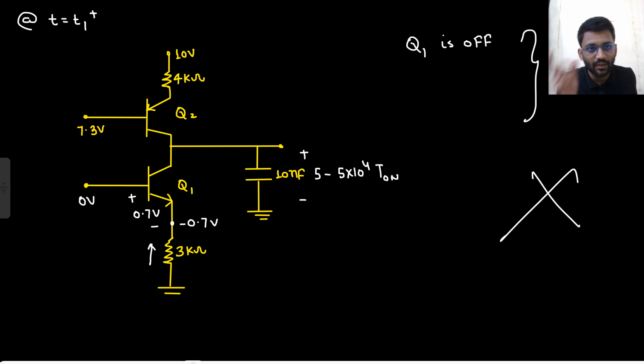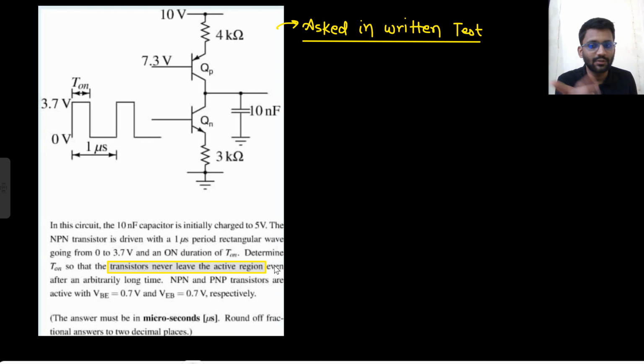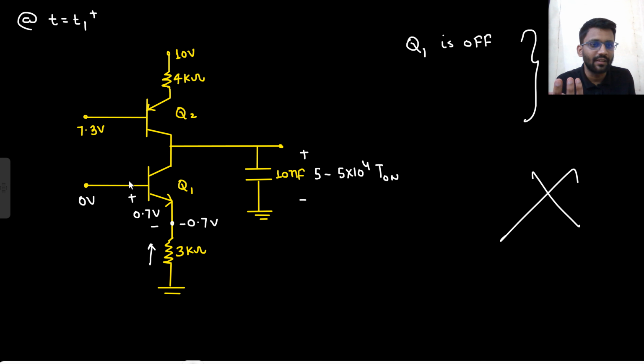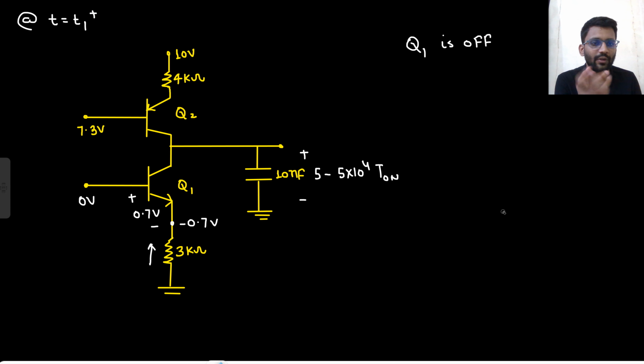Because if the input is 0 volt, certainly it will go into cutoff. But here they are asking that the transistor should never leave the active region. It has to leave, there is no other way. That was the error in this question that generally no one noticed, but it should have been noticed.